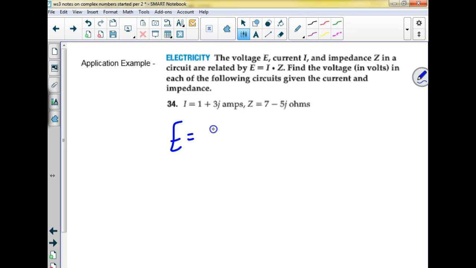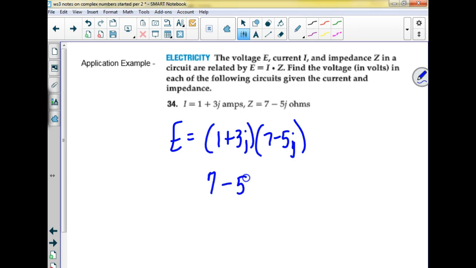You would do the current times the impedance, and they use J. It's just the same definition, though. It's just i. So if I FOILed that together, okay, if it's really an i, this one back here is going to become what?